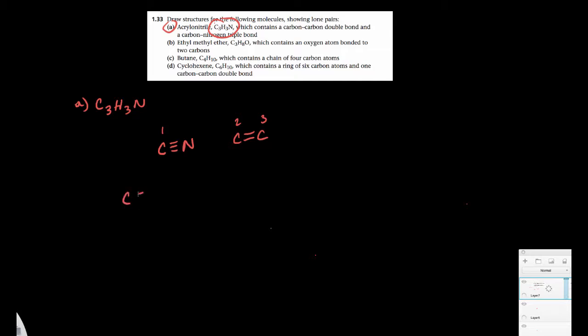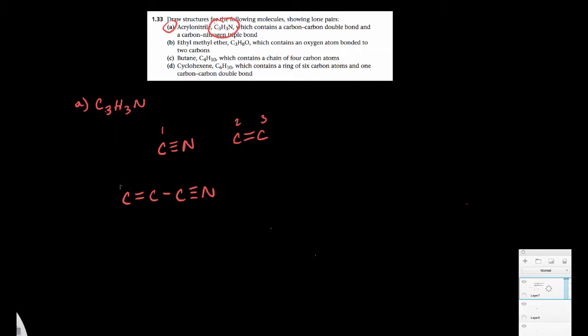So if we put the double bond here, and then the CN triple bond there, and make a bond between these 2 carbons, we have what looks like the beginning of a real structure. We have our 3 carbons, our 1 nitrogen, our triple bond and our double bond, and now we just have to put in the hydrogens.